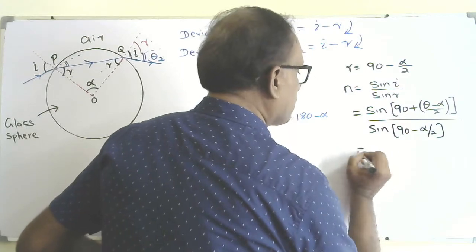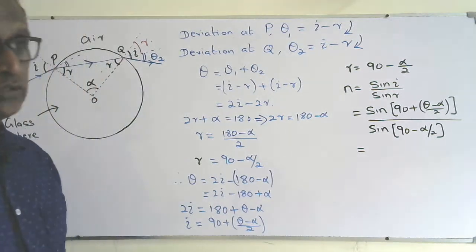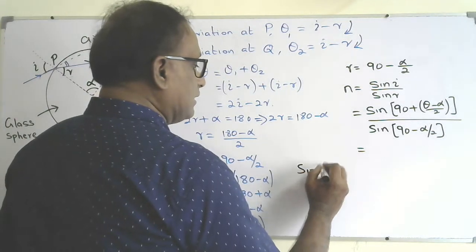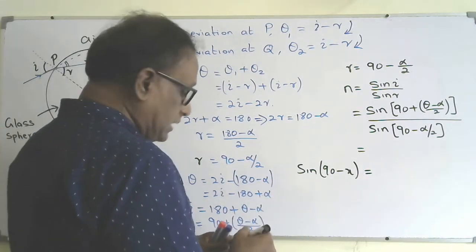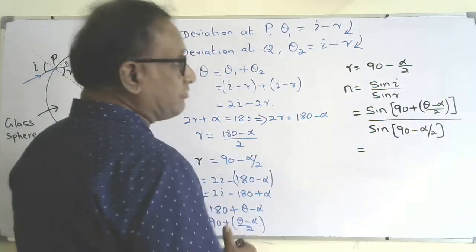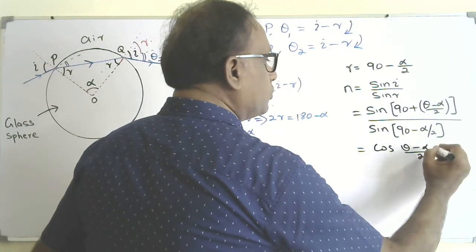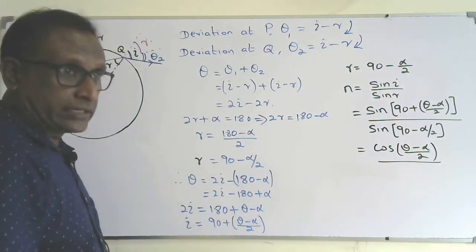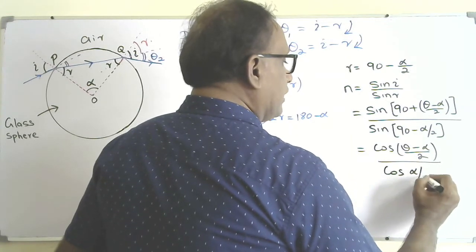We know that sine of 90 plus (theta minus alpha) by 2 is cos of (theta minus alpha) by 2. You know the general equation, sine 90 minus x equals cos x. Same way, sine 90 plus x is also cos x. So here sine of 90 plus (theta minus alpha) by 2 is equal to cos of (theta minus alpha) by 2, divided by sine of 90 minus alpha by 2, that is also cos alpha by 2.